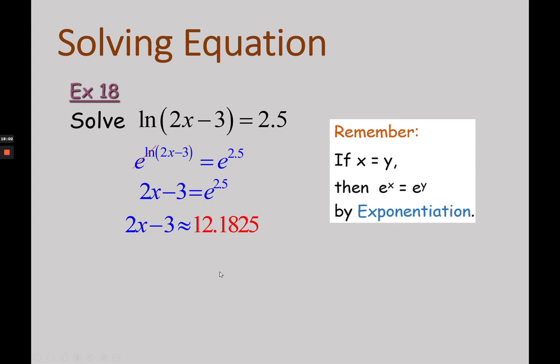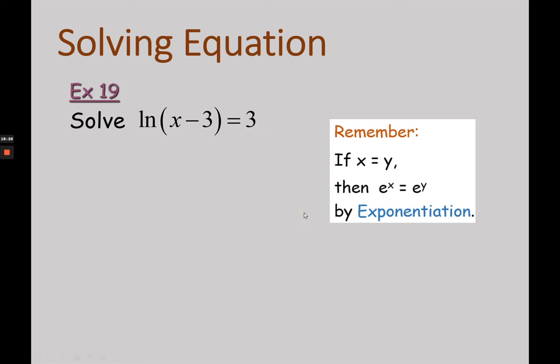You have 12.1825. Add 3 to both sides. 12 plus 3 is 15. Divide both sides by 2. It's 7.5912. That is the approximate value of x in this natural logarithmic equation.